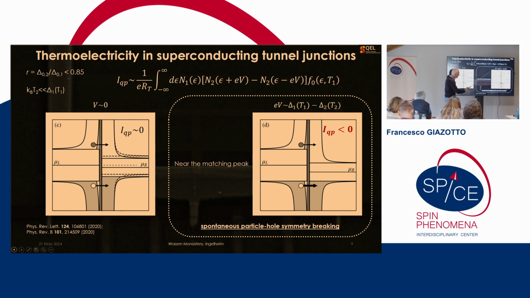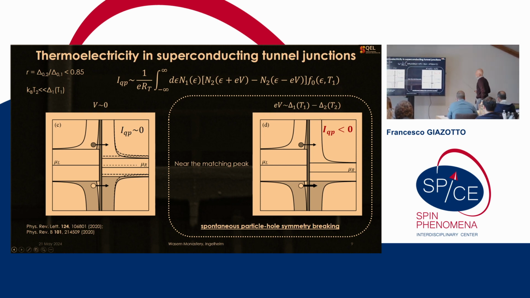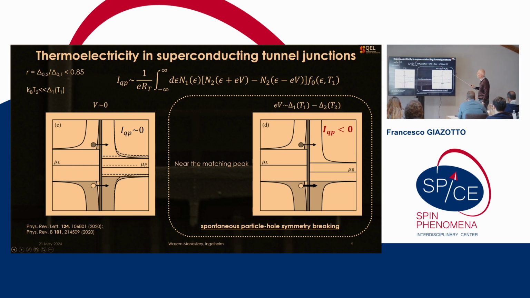But then at finite bias, a very remarkable thing happens near the matching peak, when the voltage bias is of the order of delta 1 T1 minus delta 2 T2, like in this place here. So we shift them, and you see that the electron contribution is finite, but the hole-like contribution to the current tends to diverge because we are matching the two diverging peaks in the two structures.